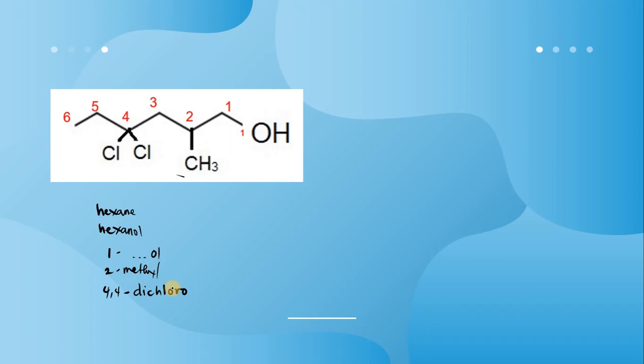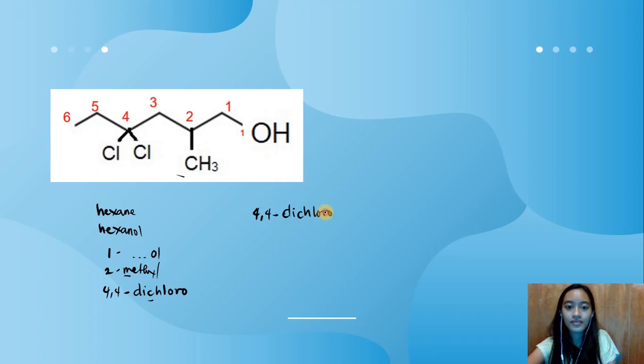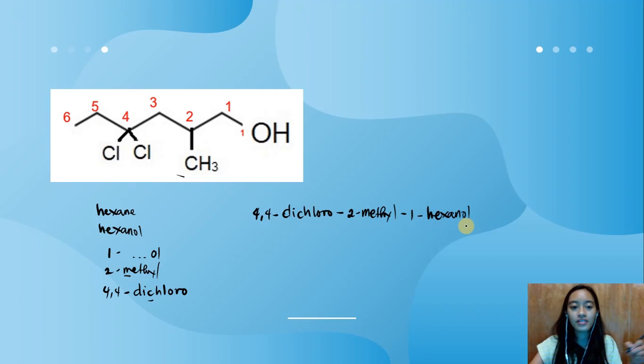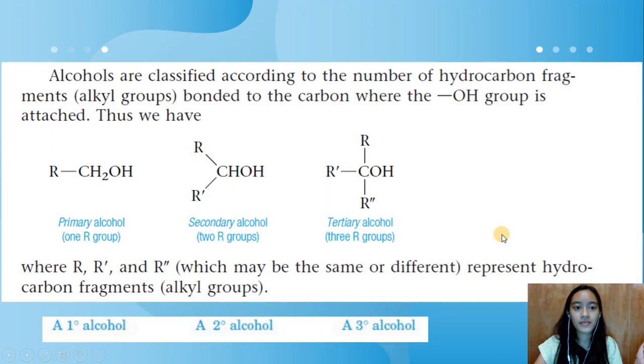So what should we write first? Methyl versus chloro. So chloro first. So 4,4-dichloro-2-methyl-1-hexanol, with the parent hexanol. Okay, that's how you name it.